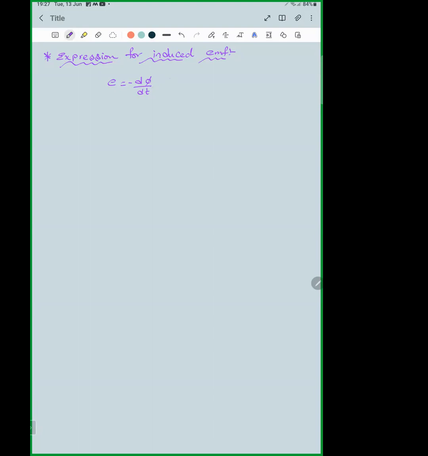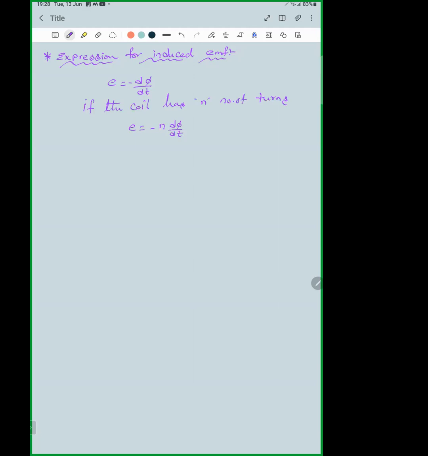Suppose if the coil has n number of turns, then E is equal to minus n into d phi by dt.